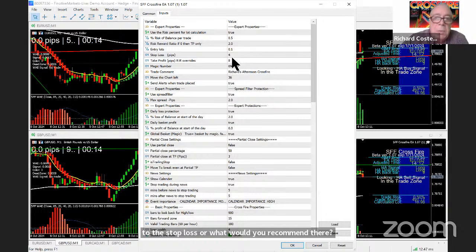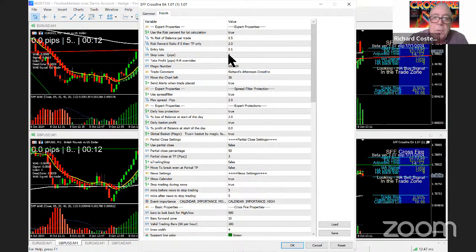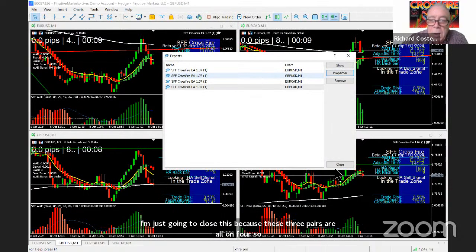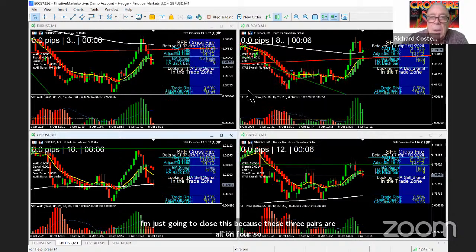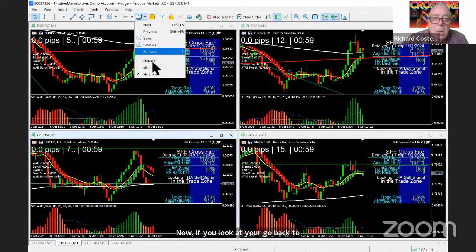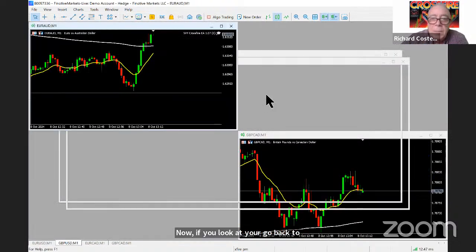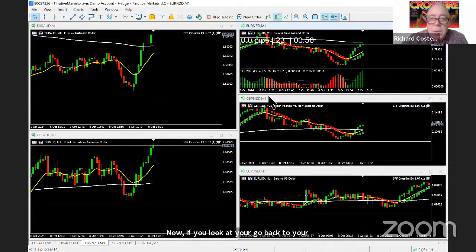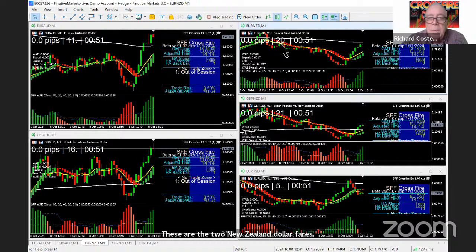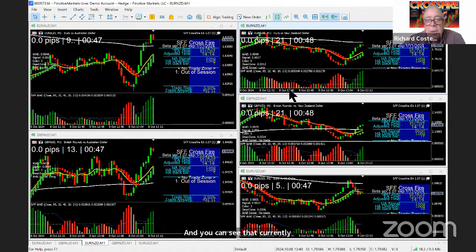So I'm just going to close this because these 3 pairs are all on 4. So we've done all the stop losses. Now, if you go back to defaults, these are the 2 New Zealand dollar pairs, and you can see that currently they're at 20, 21, 22, so that's 2.2 pips.